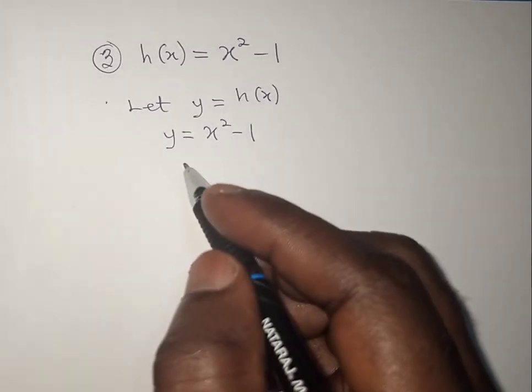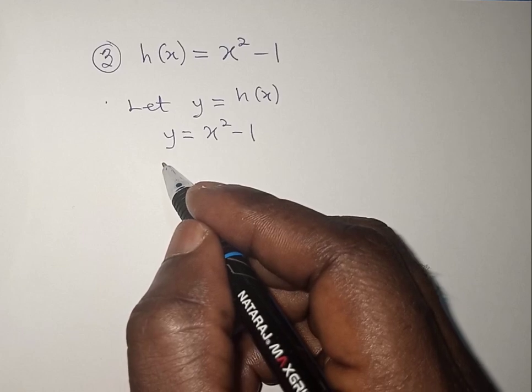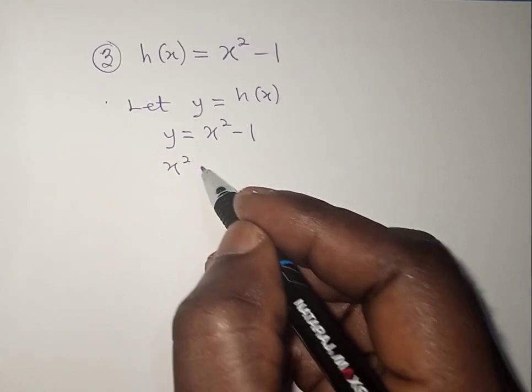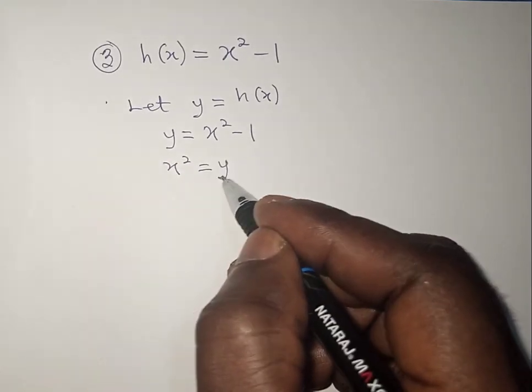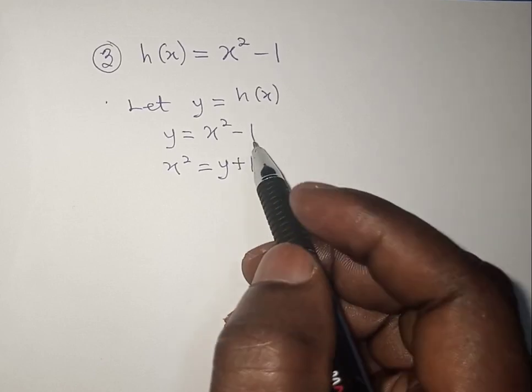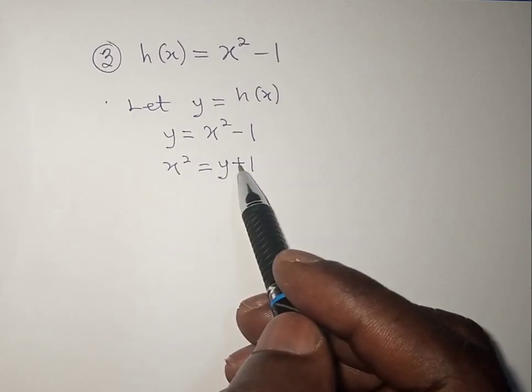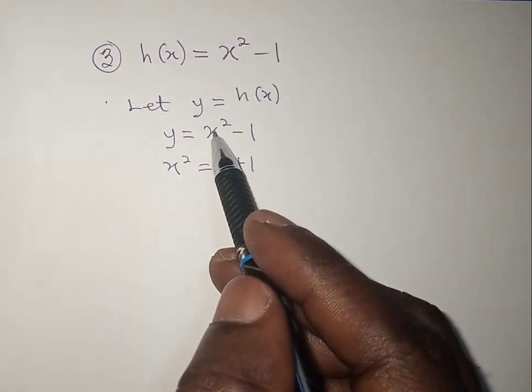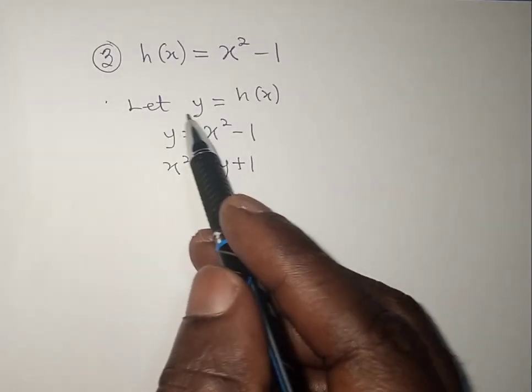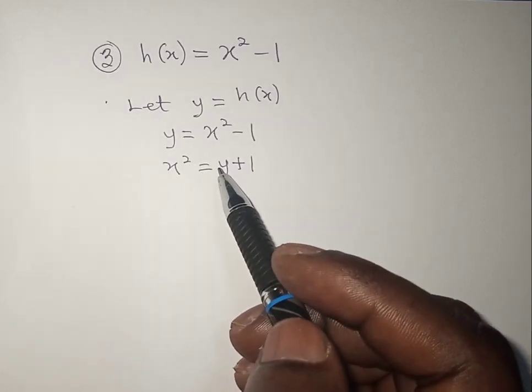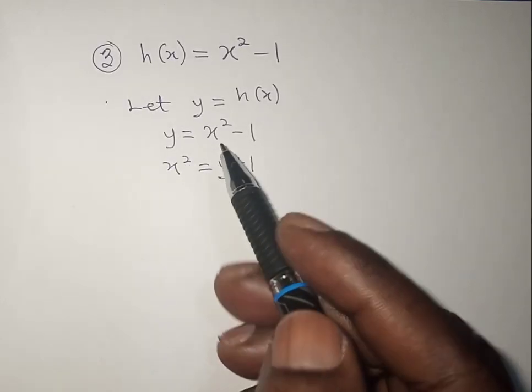We are going to make x the subject. Then I can write this as x squared is equal to y plus 1. What I did was that I only transposed this one here, which makes it positive, and this one I maintain, but I just changed their position and it means the same thing.